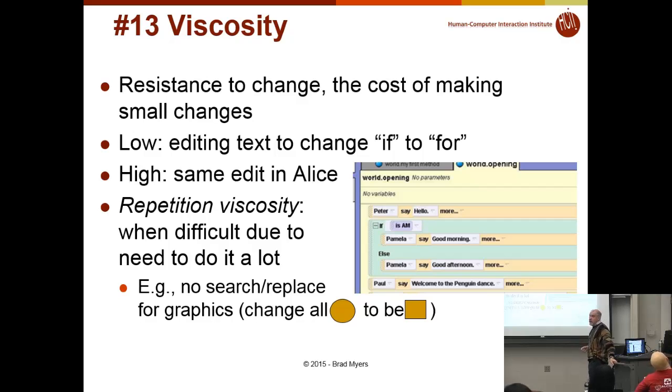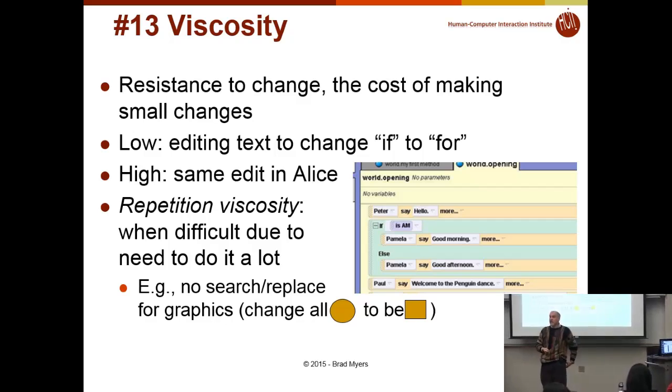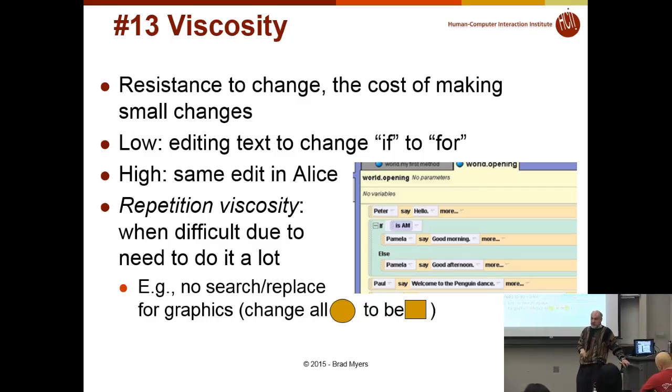Another example in programming is in textual languages, if you have some text and you have an if statement and you change your mind and want it to be a for statement, how hard is that to change? Well, it's pretty trivial. You just click on the if and type backspace twice and type for. So that's really easy, although you have to fix some other syntax stuff.